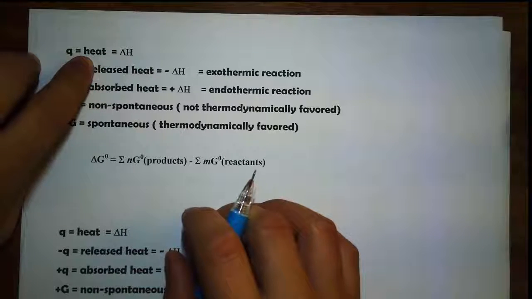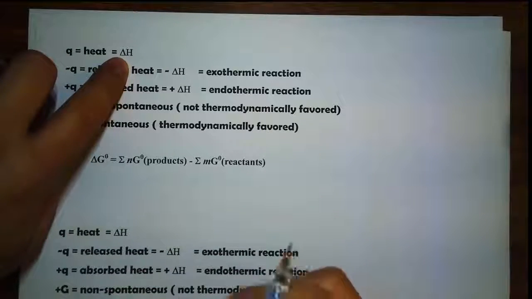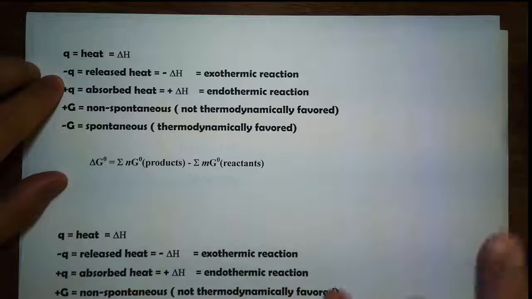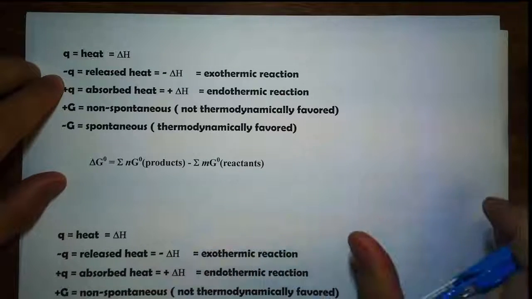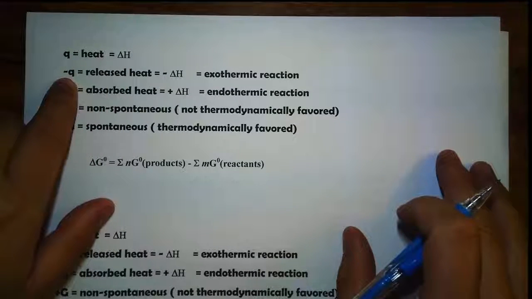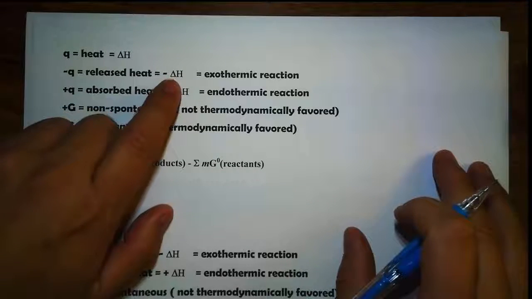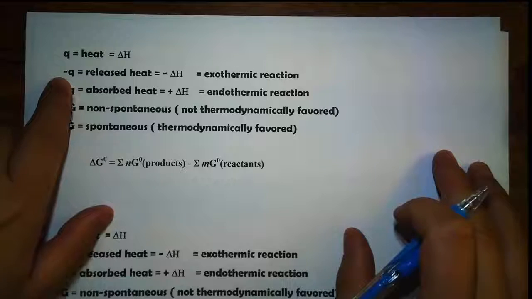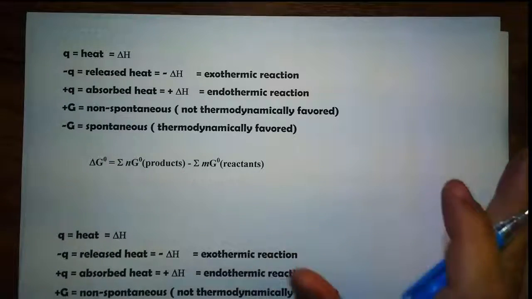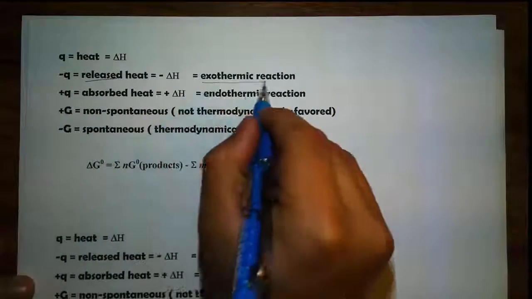So heat is a transfer of energy, which is equal to the change in the energy in the system. Now we also learned that a negative Q means the system is releasing heat. So if I have negative Q, or negative heat, therefore I must have negative delta H. So negative delta H and negative Q mean releasing heat. And releasing heat or releasing energy is also referring to an exothermic reaction.